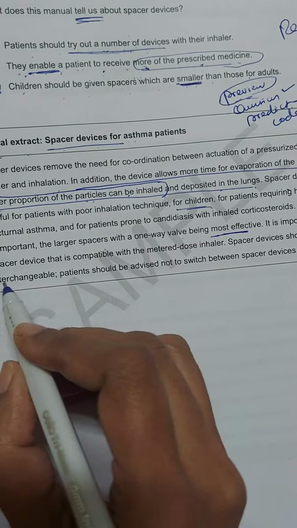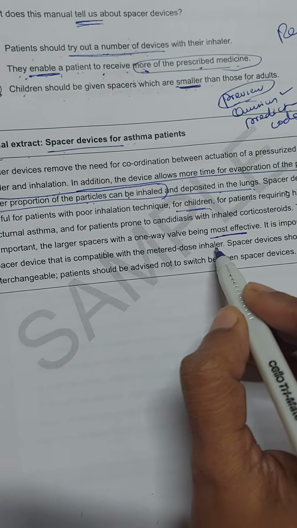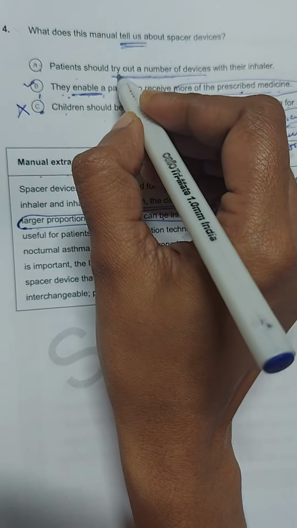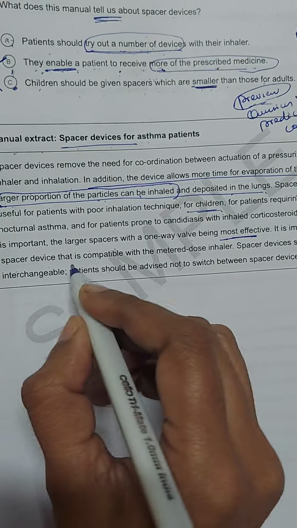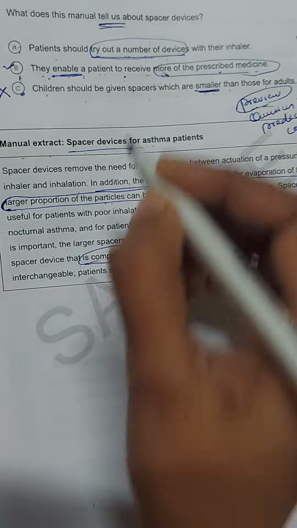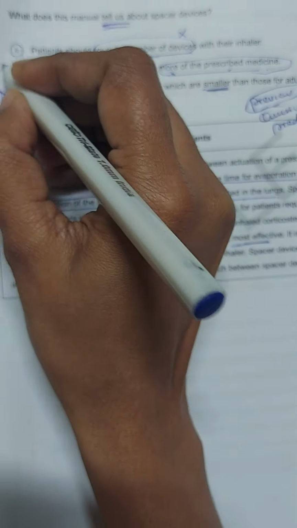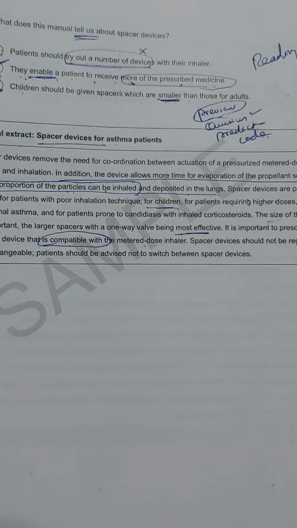So this is not given option. It is important to prescribe a spacer device that is compatible with the meter dose inhaler. So instead of trying out a number of devices, they said like spacer device that is compatible with. So it is only about the compatibility. So this is wrong. So now I will choose my answer as B. Okay.